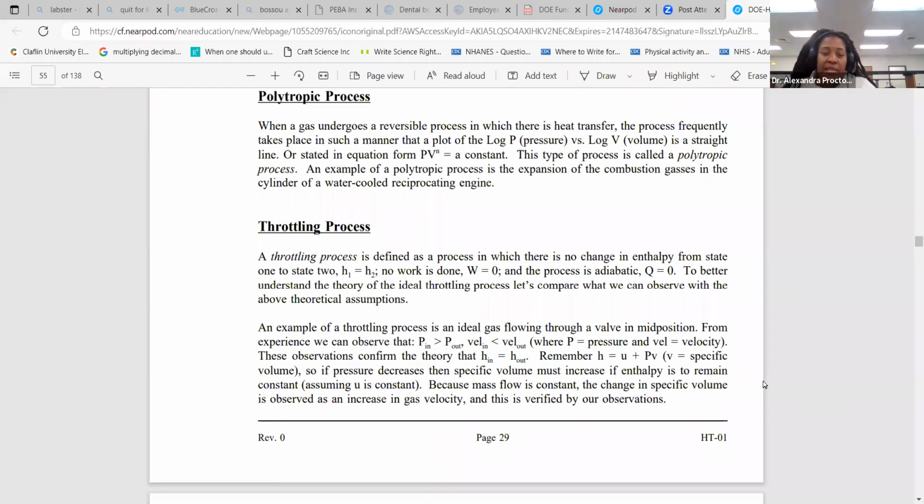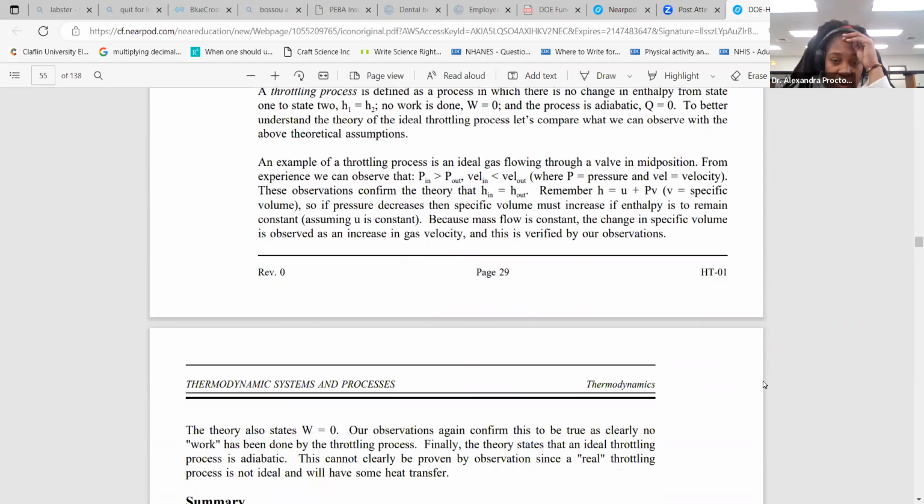Because mass flow is constant, the change in specific volume is observed as an increase in gas velocity. And so they're trying to say that throttling is where you have no change in enthalpy.